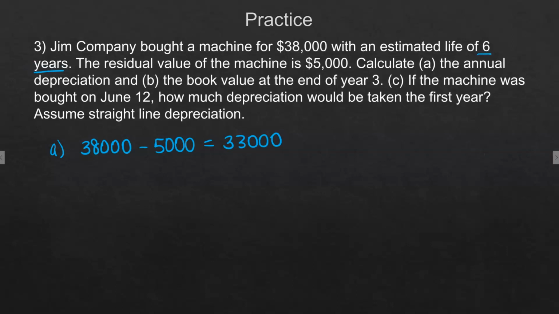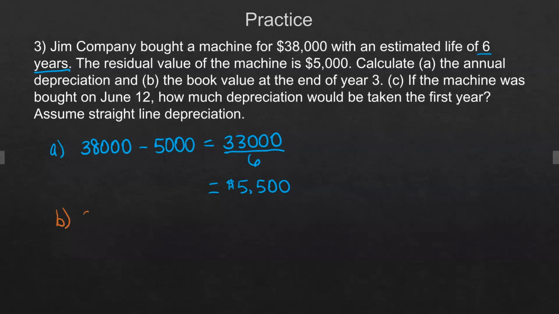Right, it's right there in the problem. So you always have to go back and maybe read these more than one time. Of course, in business math, you're going to do that a lot. So every year we're going to take $5,500 off for depreciation. So that's part A.